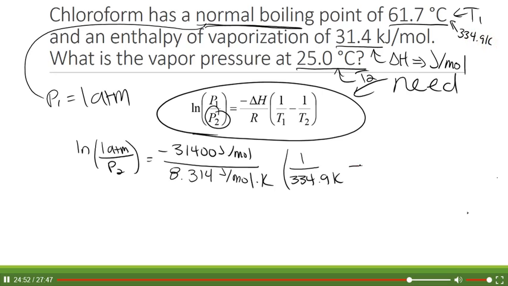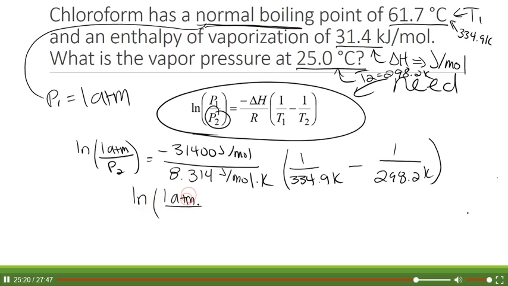I'm going to subtract that from our T2, 25 degrees Celsius, also equal to 298.2. We solve for the right side, and we get ln of 1 atm over P2 is equal to 1.39.